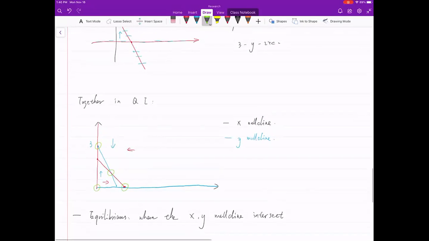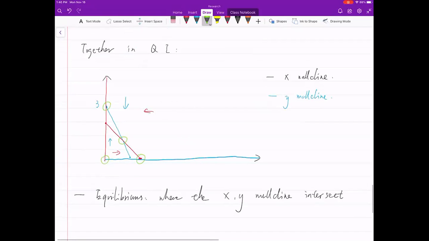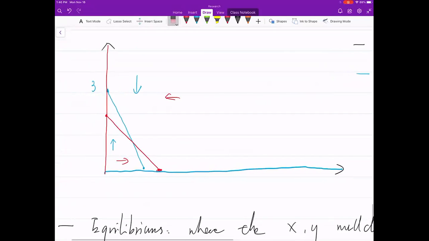I need a different color. I used the blue. Okay, I can use green, I guess. Okay, that's the equilibriums. Now let's try to draw the null line.